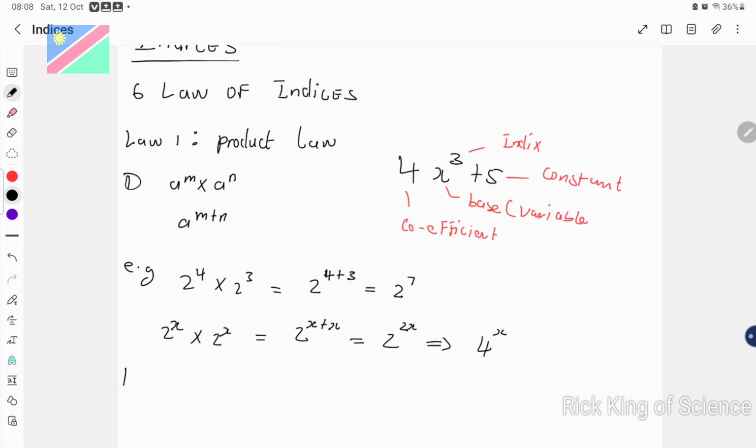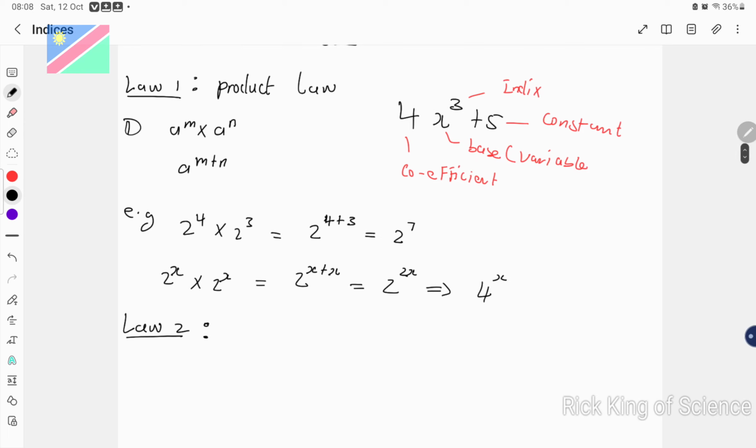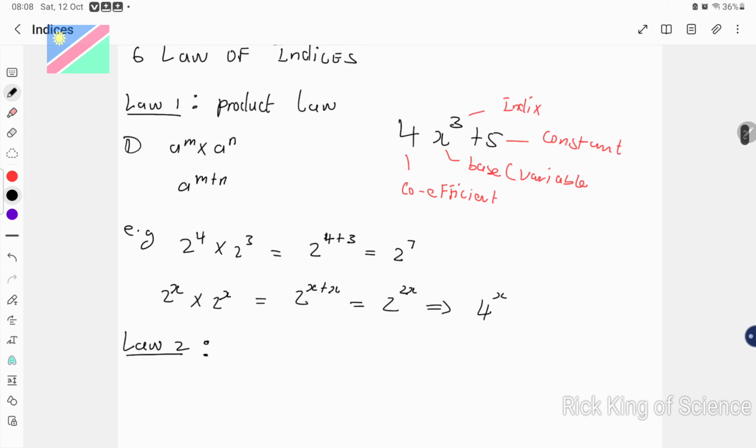Law 2 is called a quotient law. We can also call it a dividing law or a division law.